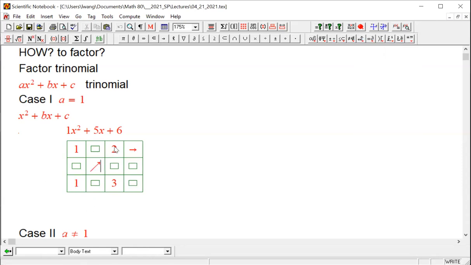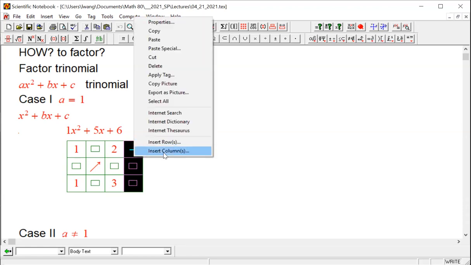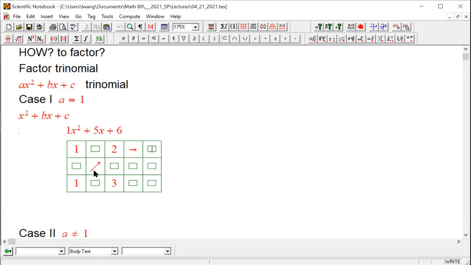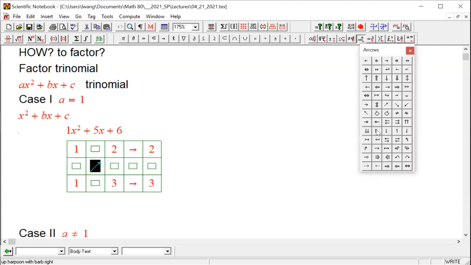So 1 times 2 is going to give us 2. 1 times 3 is 3. You guys follow me? I would put an arrow here, but I don't think I can. It can only put one symbol there.